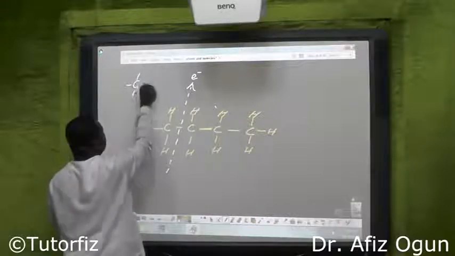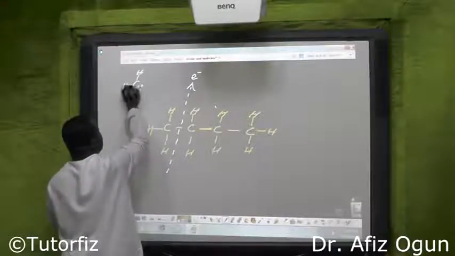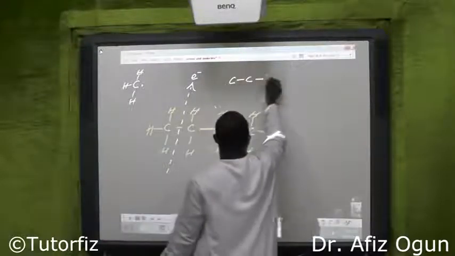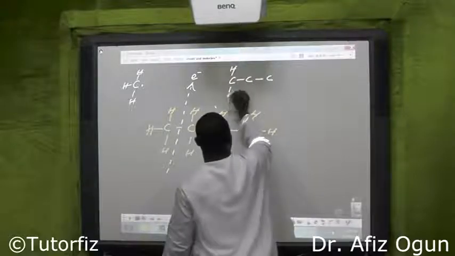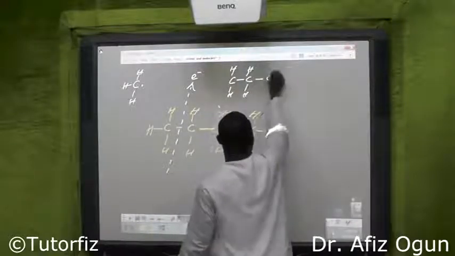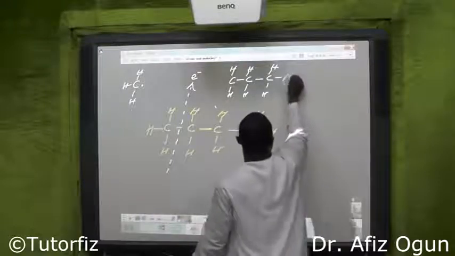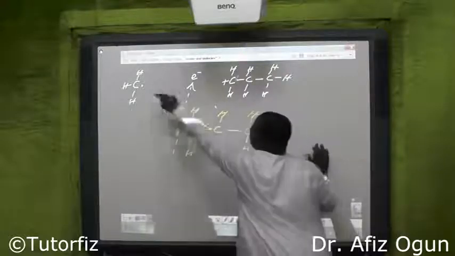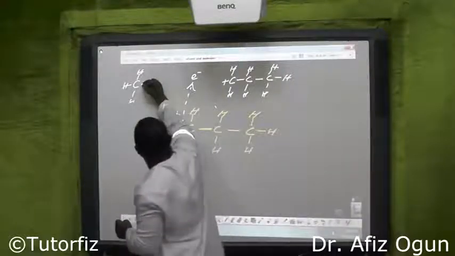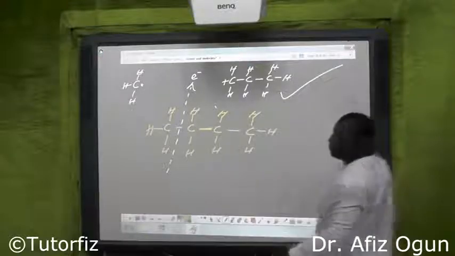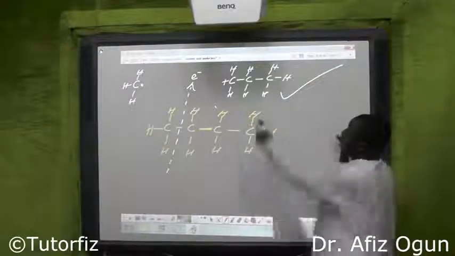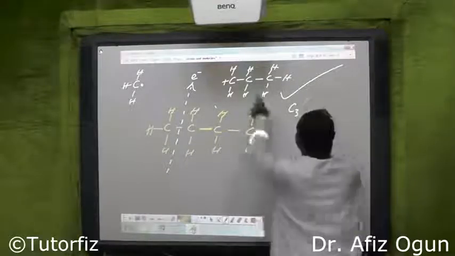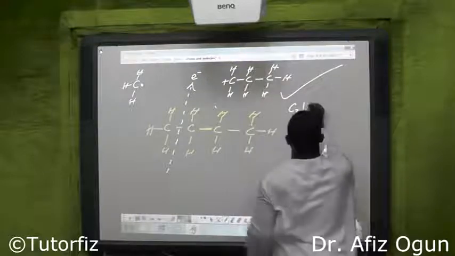CH3 and this one will be CH2CH2CH3, plus, because it has nothing. One electron is gone, one is with that. So this will be the free radical, and this will continue. That's a possibility. And what is this? C3H7.